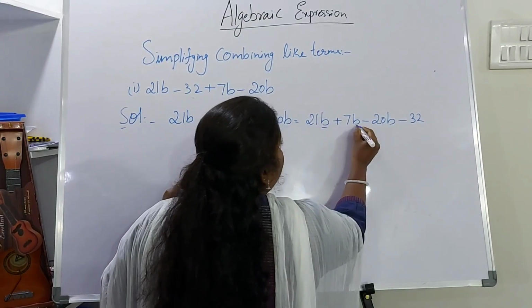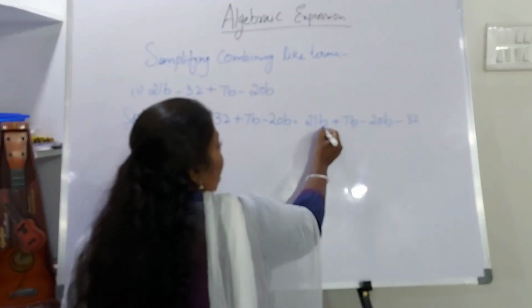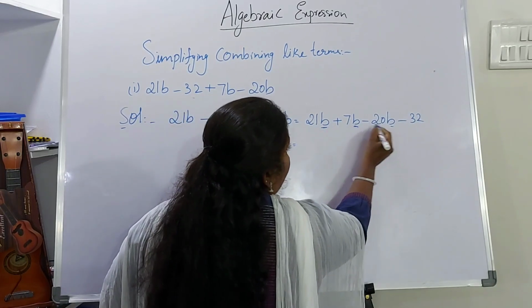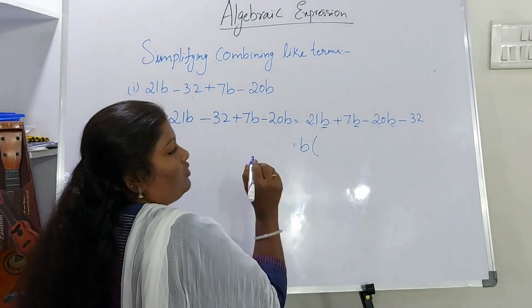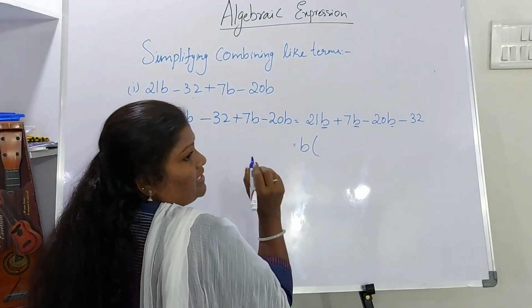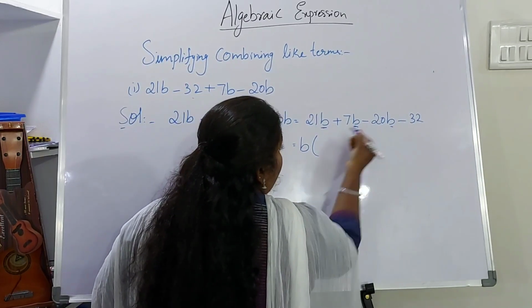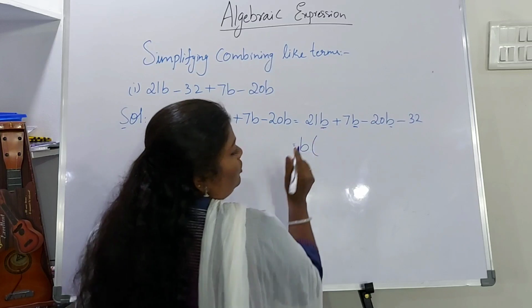Now you can see that 3 terms have the same variable, that is b. So I'll take b common and write the coefficient of each term along with the sign.